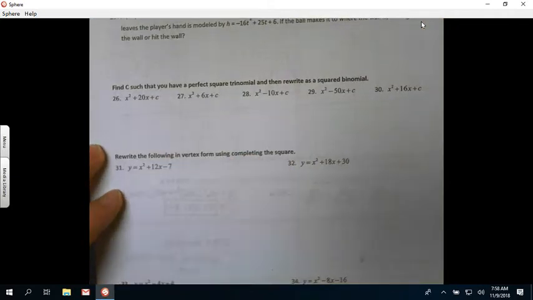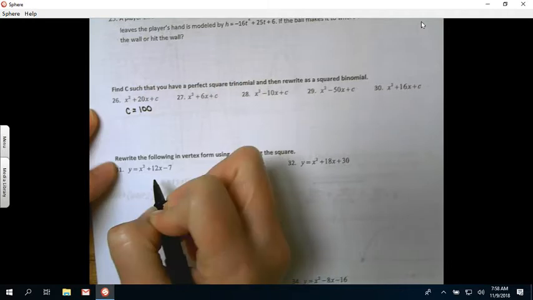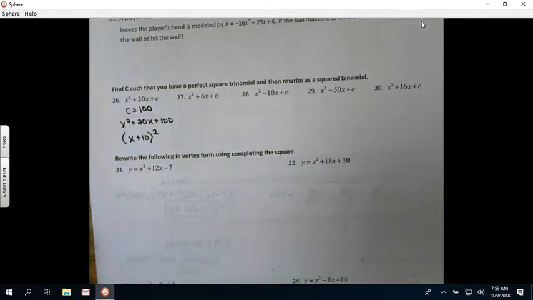Alright, 26 through 30, you're trying to find what value of C will make this a perfect square trinomial. In order to do that, remember, I take B and I cut it in half. So 20 divided by 2 gives me 10. And then I square it. So C would be 100, which means I really have the trinomial like that, which gives me the perfect square x plus 10 squared.